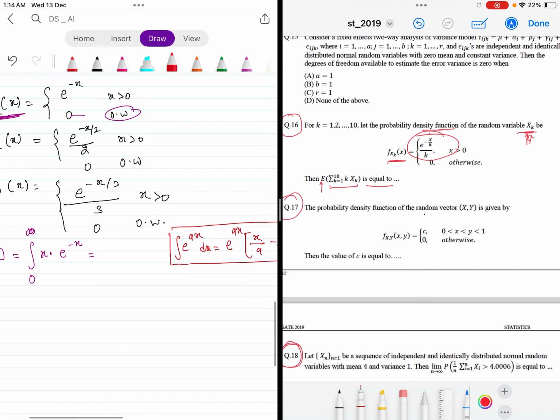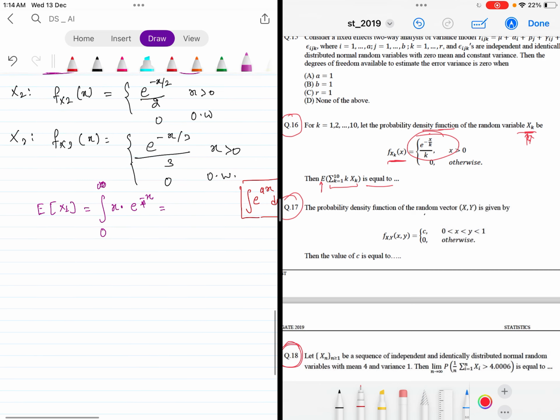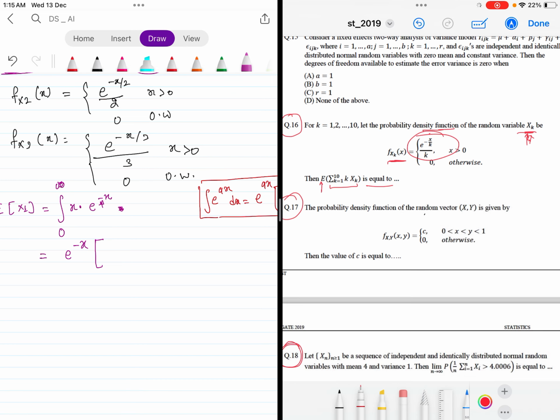Here a is minus 1, so it will be e to the power minus x, and we have x divided by a, so we get minus x because a is minus 1.